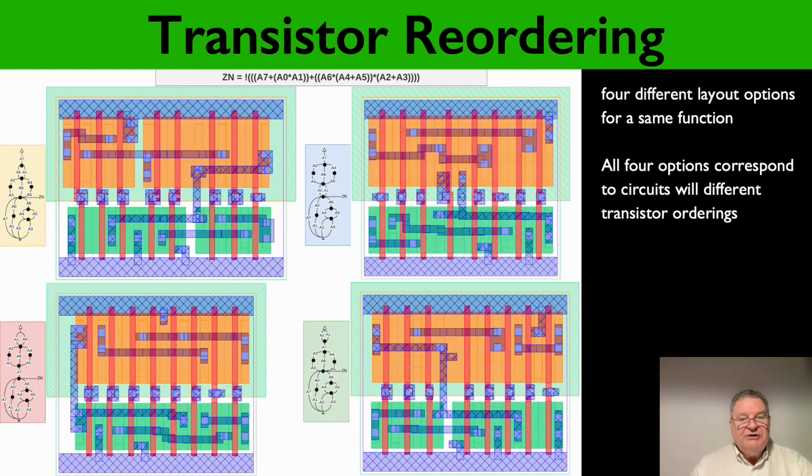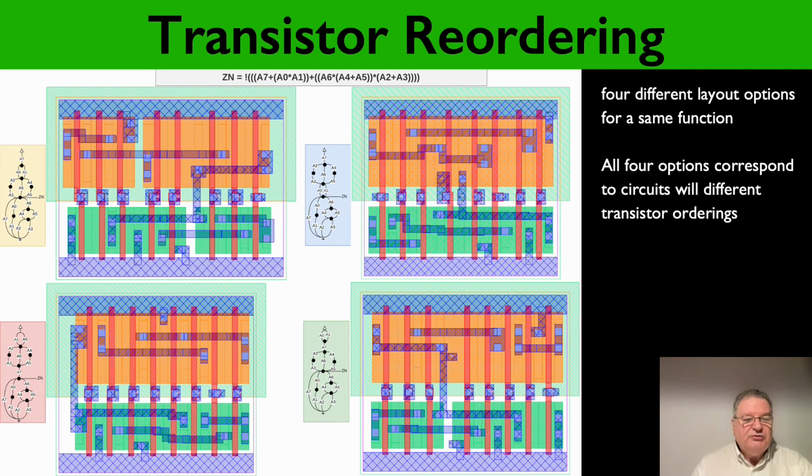We are also doing this transistor reordering. Here we have the same function, but with a different transistor ordering. And you can see that the layout, mainly the metal layers, is different. So for sure one of them will be the better solution considering radiation effects.